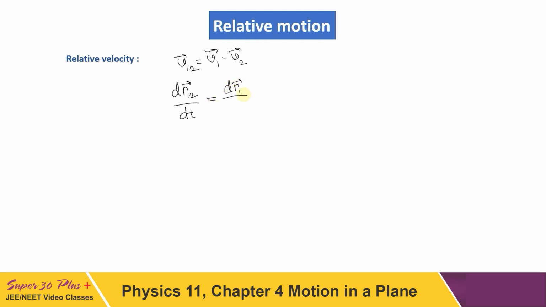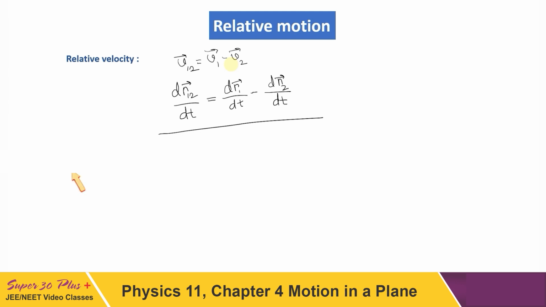This is the differentiation of the position of 1 with respect to time and of particle 2 with respect to time. Mathematically this is how relative velocity is represented, where v1 is the velocity of the object and v2 is the velocity of the observer. So it is the velocity of 1 with respect to 2.